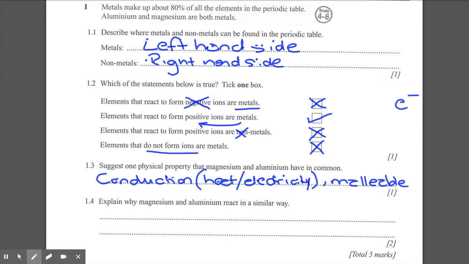Aluminium and magnesium have a relatively high melting point and boiling point as well. And generally metals are strong. You can make strong substances out of them once you've shaped them into the shapes that you need.